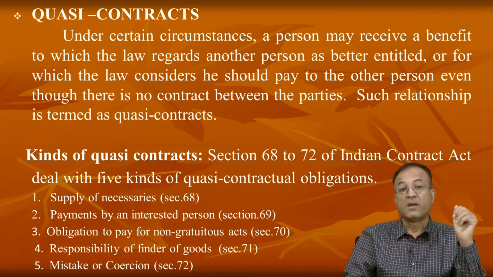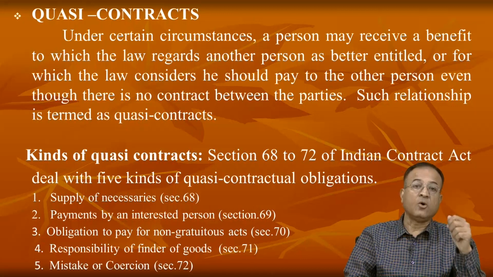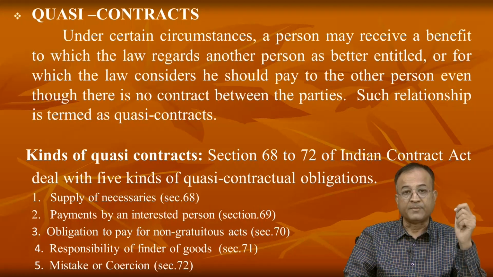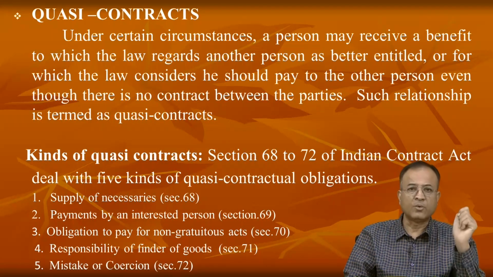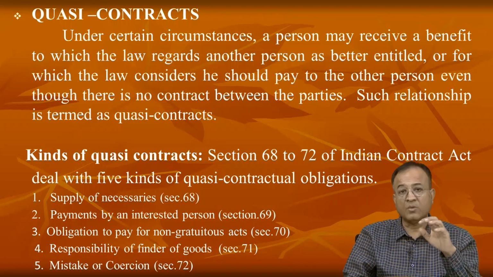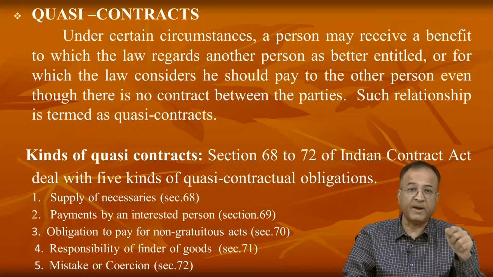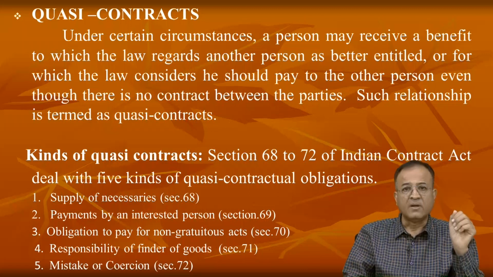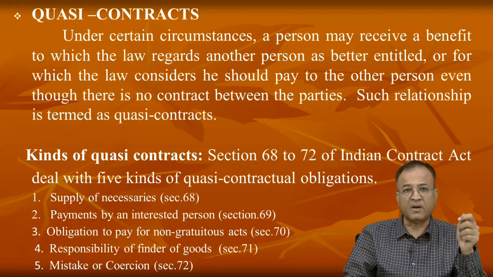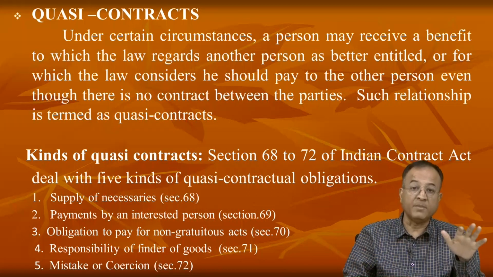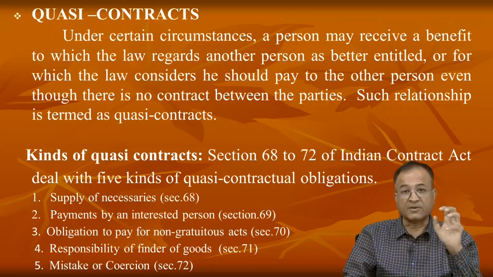Fifth, mistake or coercion. Section 72. The person to whom money has been paid or anything delivered by mistake or under coercion must repay or return it to the person who paid by mistake or under coercion.